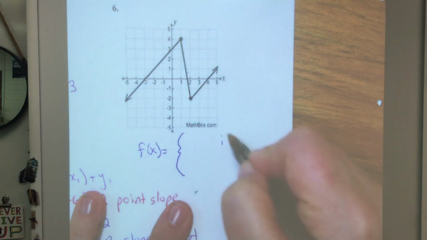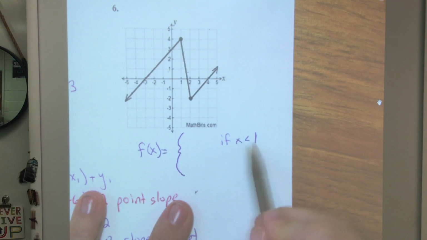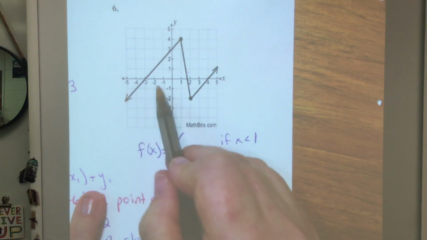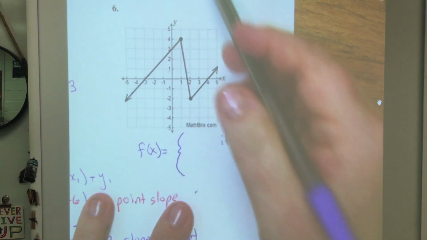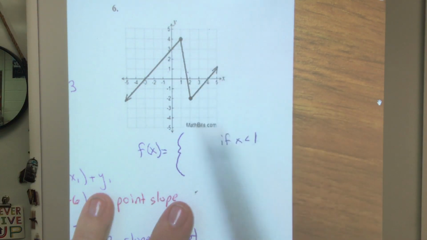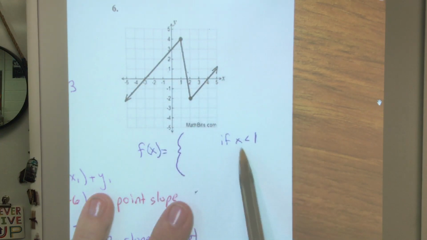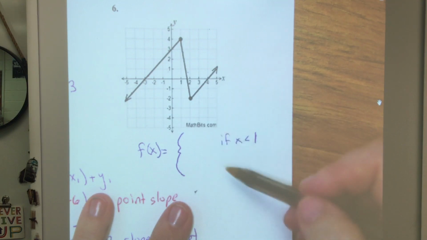So I'm going to put if x is less than 1. And this is part of our domain. Anytime we're working with the x's. So even for the problem 5 that I did, looking at the domain, again, I was looking at the x-axis. Doing the same thing for doing your constrictions. And a lot of you are doing great with the constrictions or rules.